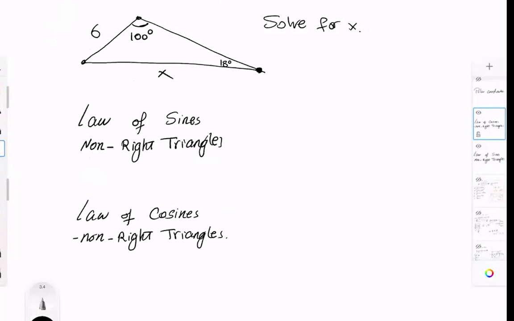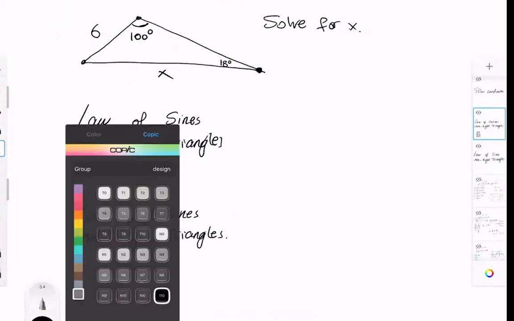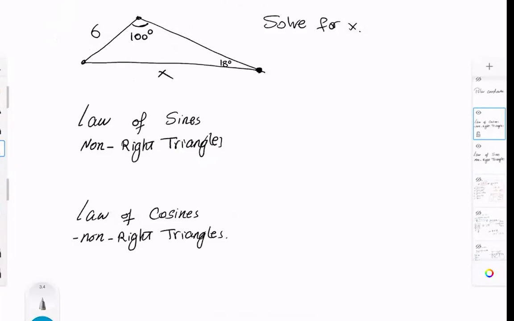Law of sine says in any non-right triangle, we have sine of A over a equal to sine of B over b equal to sine of C over c.